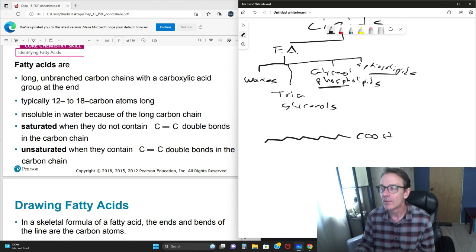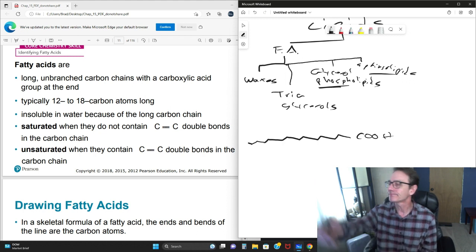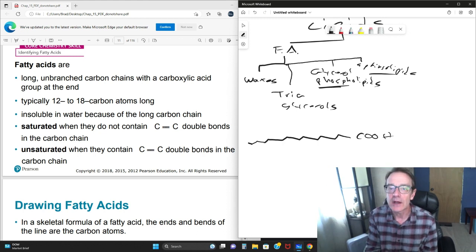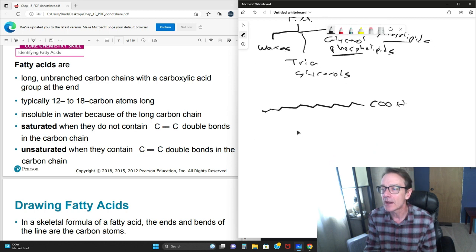What I got there: 1, 2, 3, 4, 5, 6, 7, 8, 9, 10, 11, 12, 13. Okay, so I'll put this up. That could be a fatty acid. Okay, they're insoluble in water, nonpolar, and here's the key that I want to drill down on a little bit.